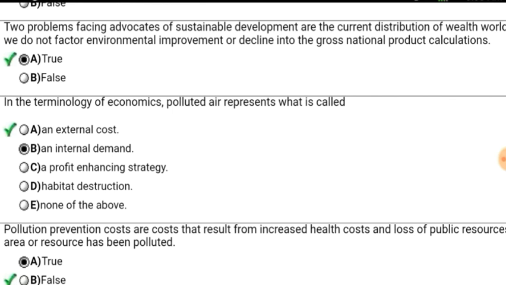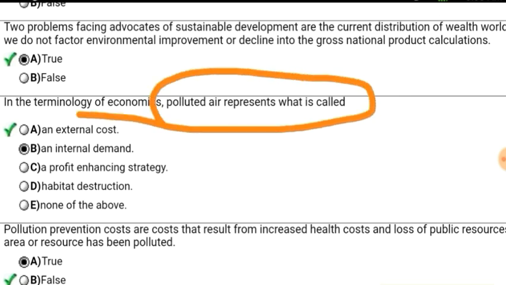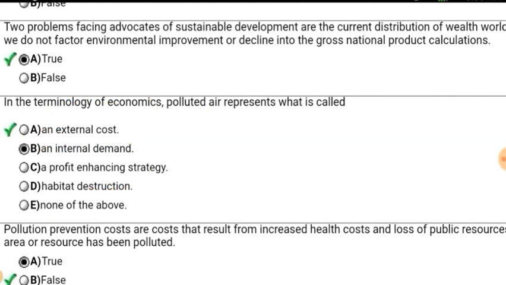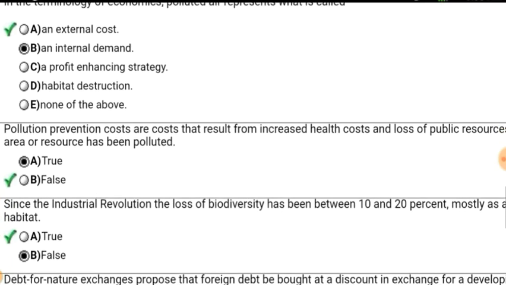It is true. In the next question, in the terminology of economics, polluted air represents what? An external cost, an internal demand, a profit enhancing strategy, habitat destructions, none of the above. So the right answer is an external cost.